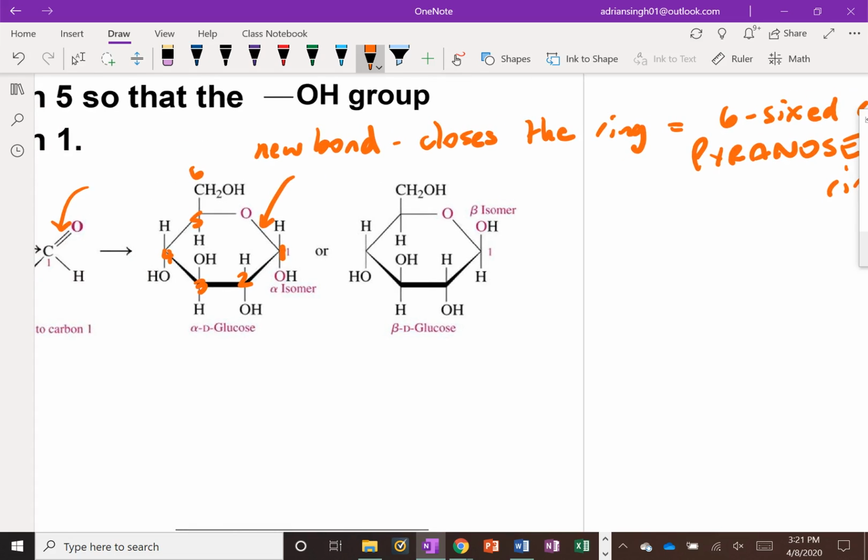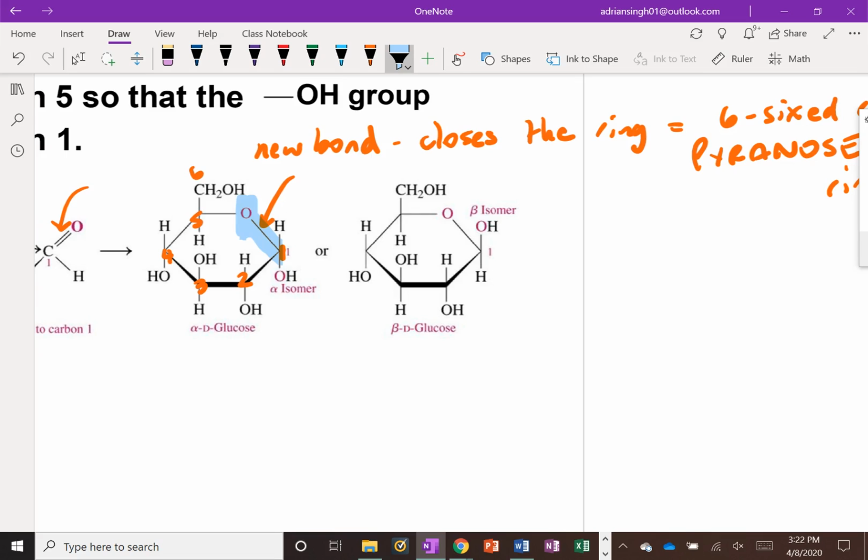You'll notice that there are 6 sides to the ring, but one of the apices of the ring is actually not a carbon, but an oxygen, right? And that's where that new bond is formed right here.